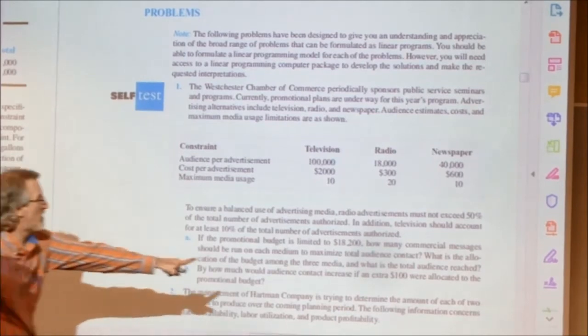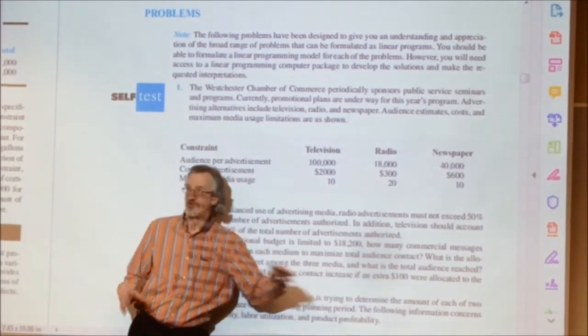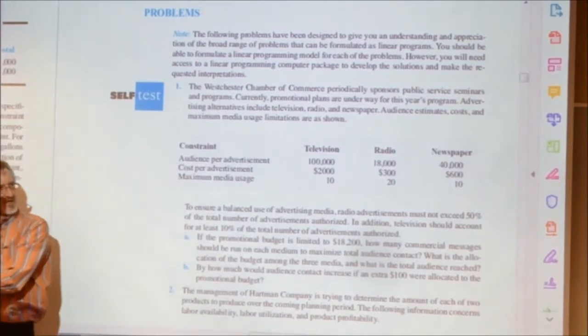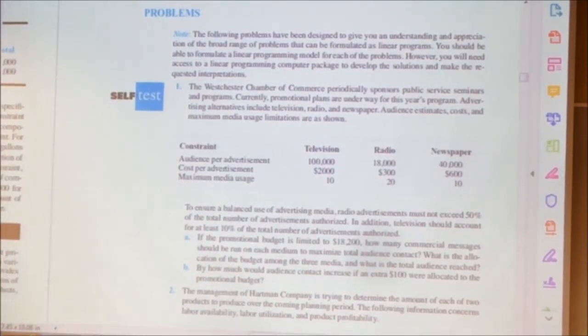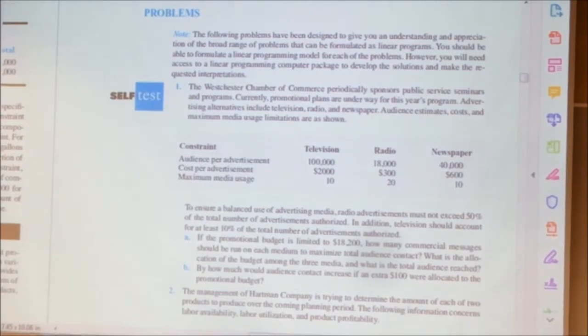So that's what's happening right here, but now it's in words. In words you've got to say, oh, that's a right-hand side. They're asking if it goes up $100. It's right here. That's going to go to 18.3. Your first reaction is to go, I'm just going to solve this, put 18.3 in, let's see.